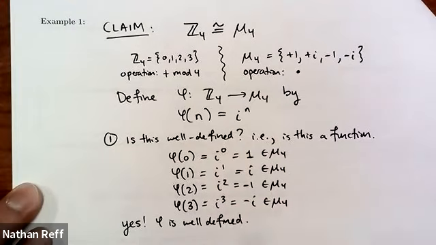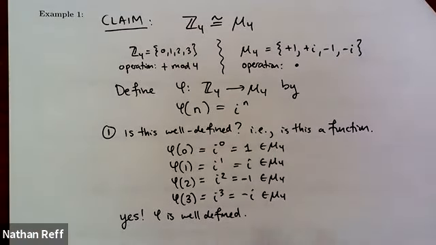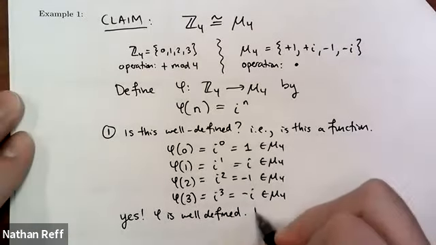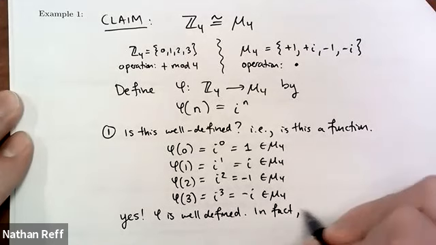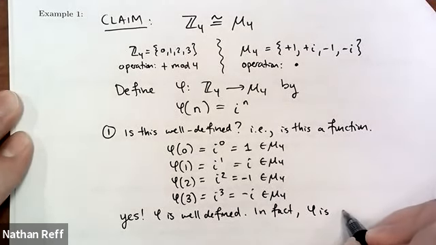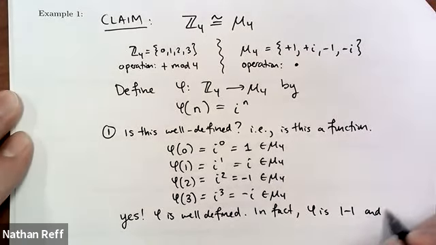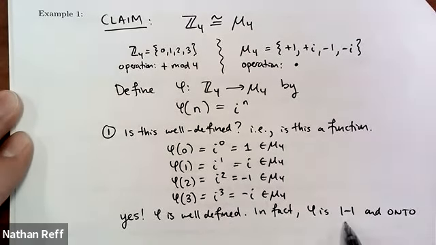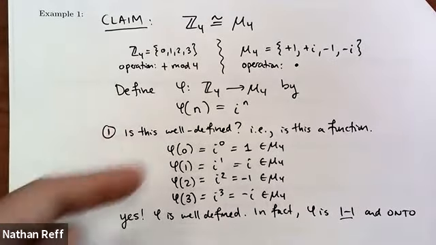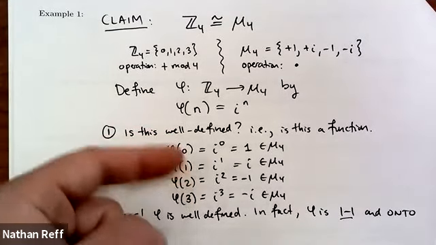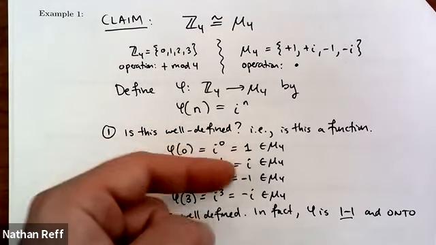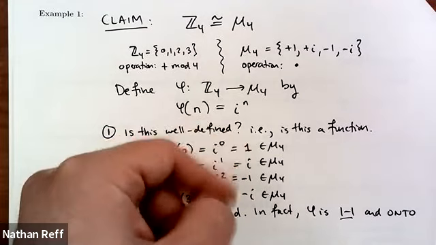In fact, do you see that by doing that work right there you also just showed that phi is 1-to-1 and onto? Yeah. In fact, phi is 1-to-1 and onto. 1-to-1, because distinct inputs get mapped to distinct outputs.